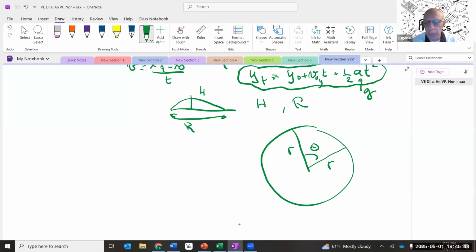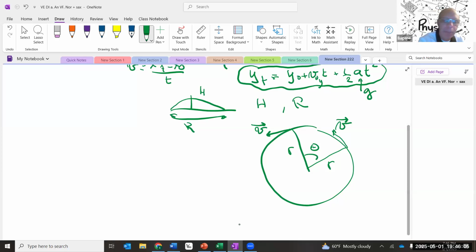So here on uniform circular motion, we call that uniform circular motion because v, the velocity, has the same magnitude. So the speed is the same. But of course, you see here that the direction is changing.